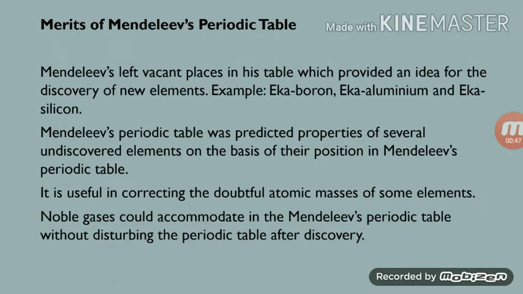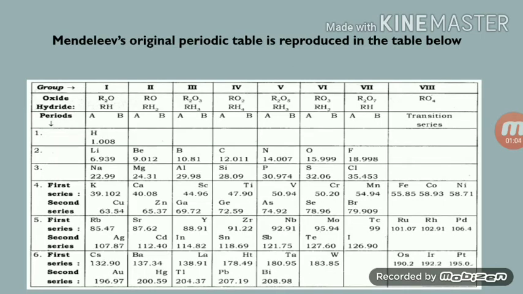For example, Eka boron, Eka aluminium, Eka silicon. So this is the place where Eka aluminium, Eka silicon, and so on are.